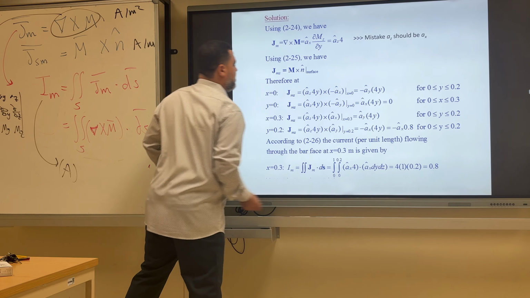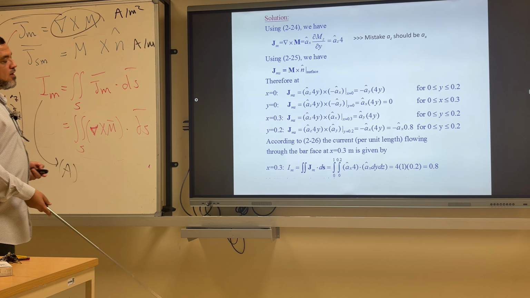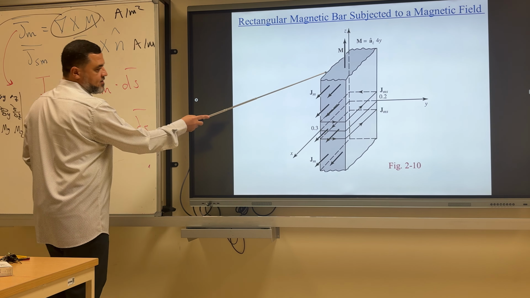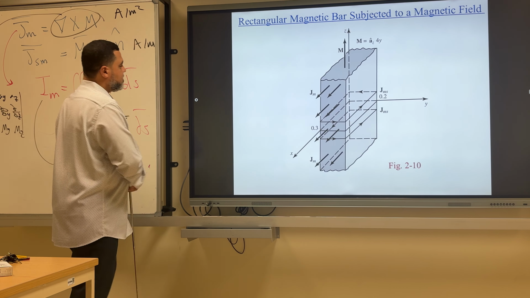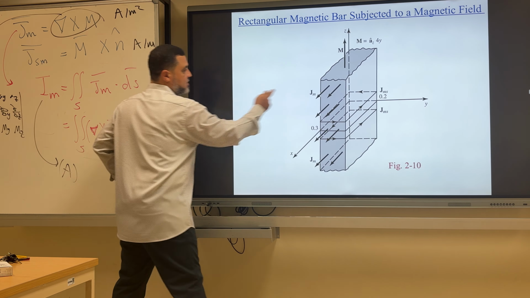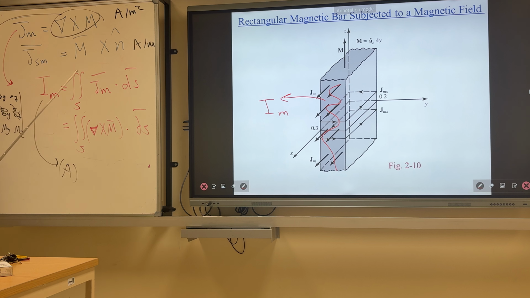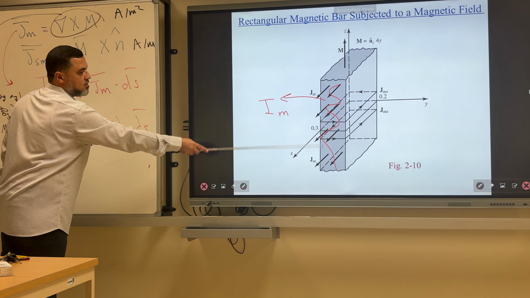Now we need to find the total current on the surface x equal to 0.3, on this surface. How can I find the total current? I need to find the total current Im. It will be the integration of Jm, which I already found, in dS. What is dS on this surface? It's a vector.